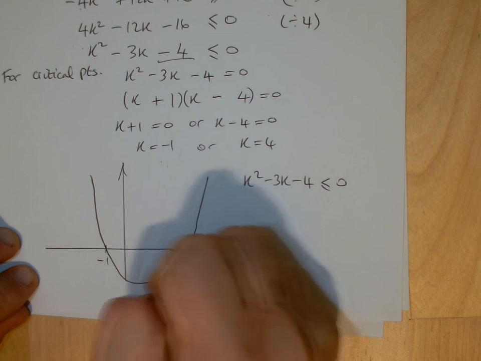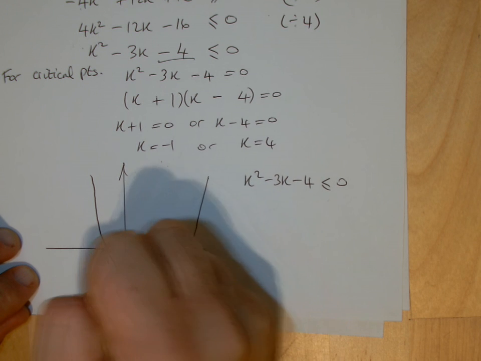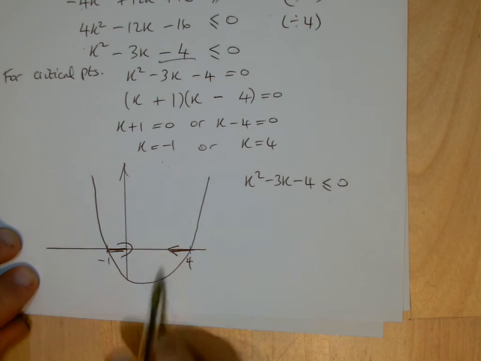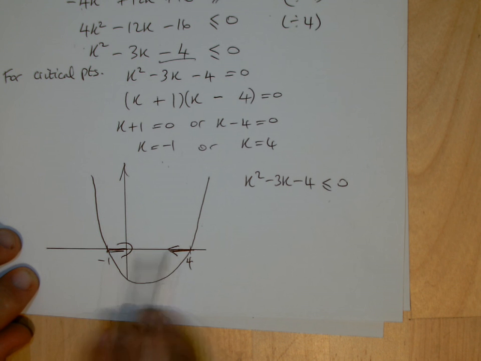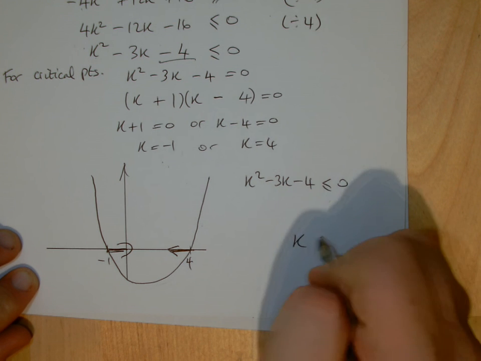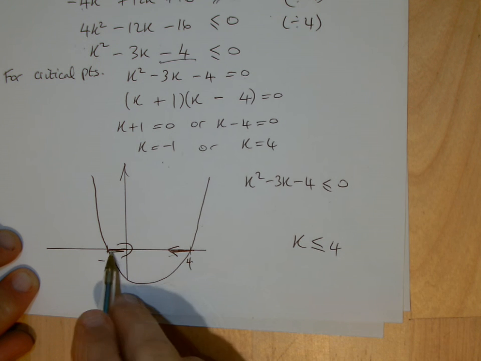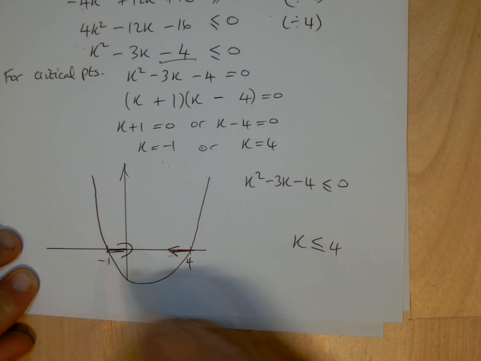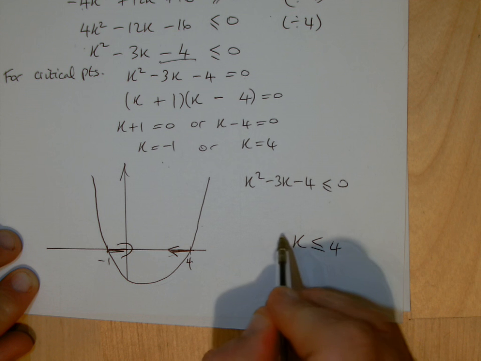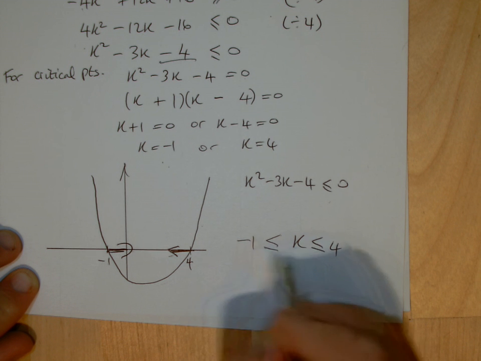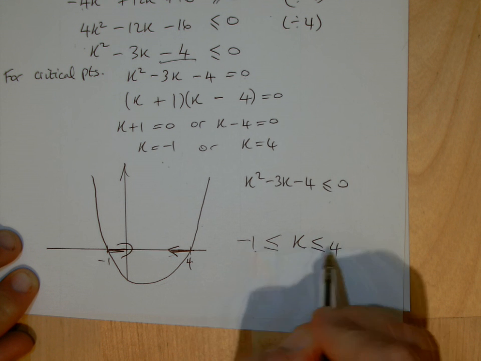So the curve is negative for these k values here. So k has got to be less than or equal to 4, but it's also got to be greater than or equal to minus 1. So we write that first and then copy the inequality. So we say that k is between minus 1 and 4.